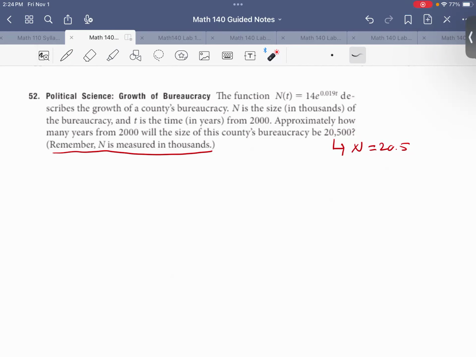Okay, so that is my N. So what am I being asked for though? How many years? That means I need to find t.